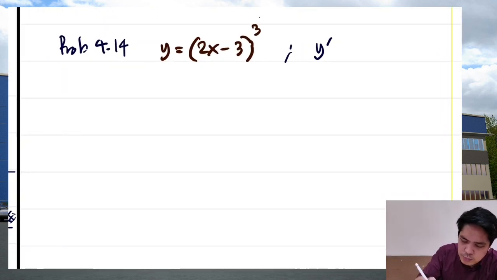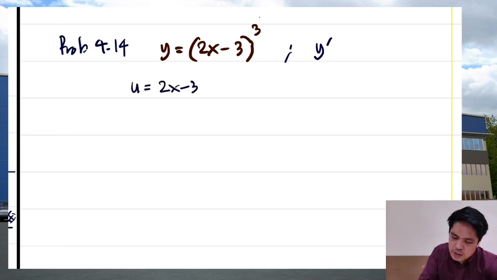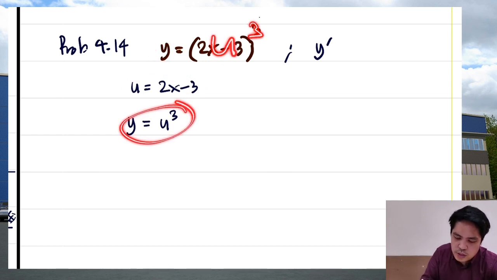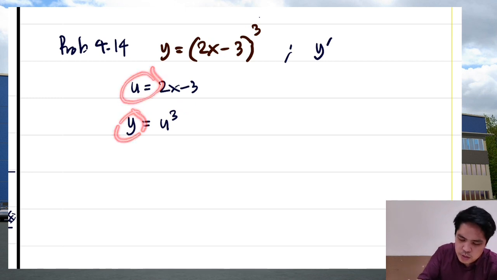So if we let the baby equal to u, so u is equal to 2x minus 3. So that means y, which is the mother, is equal to u cubed. Ayan ba? So if this is u, eto siya. So therefore, y is equal to u cubed. Eto na siya. So the mother and the baby.